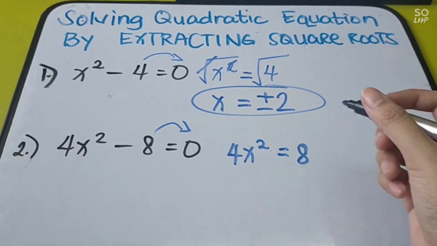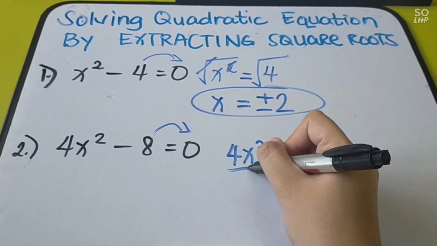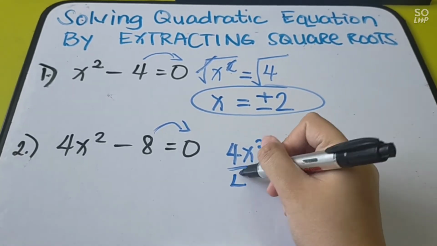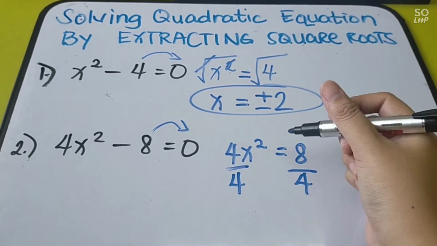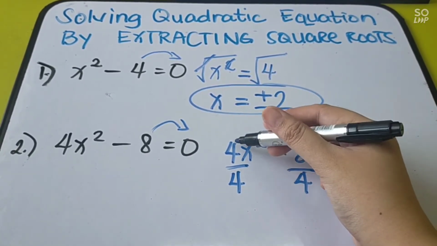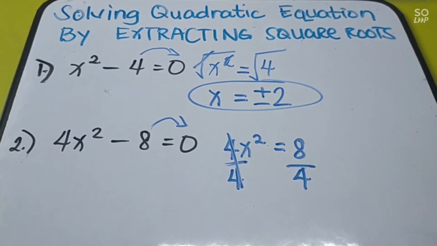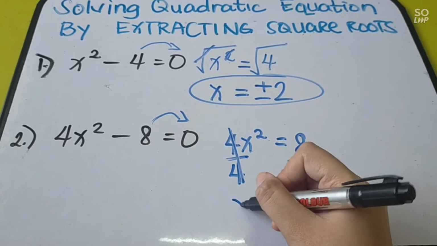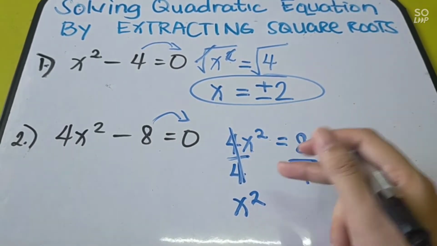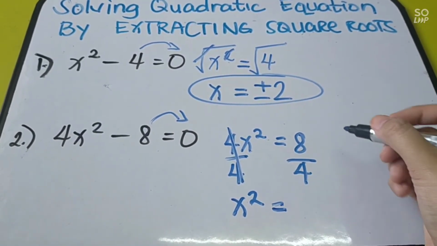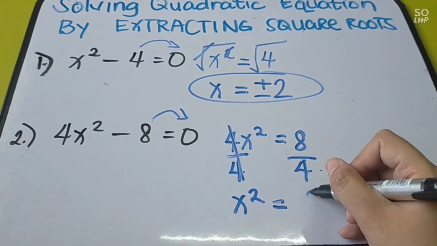Then, what you are going to do, divide mo muna siya both sides by 4. Tandaan niya na, kailangan mawala muna yung numerical coefficient ni x squared. Then, cancelled out. Then, ang matitira na lang dito ay si x squared kasi magiging 1 na yan. So, it is equal to 8 divided by 4, the answer is 2.